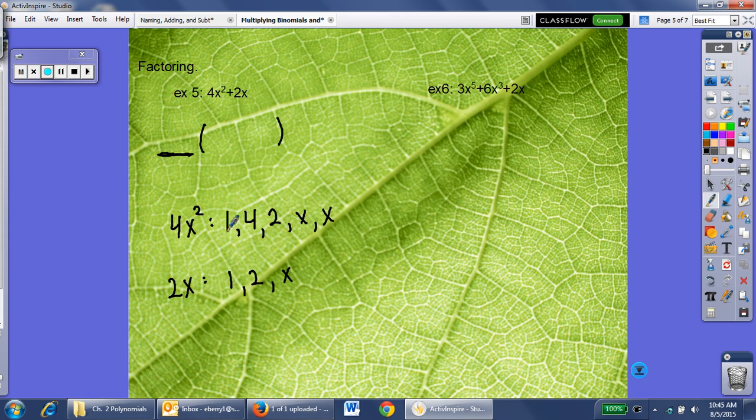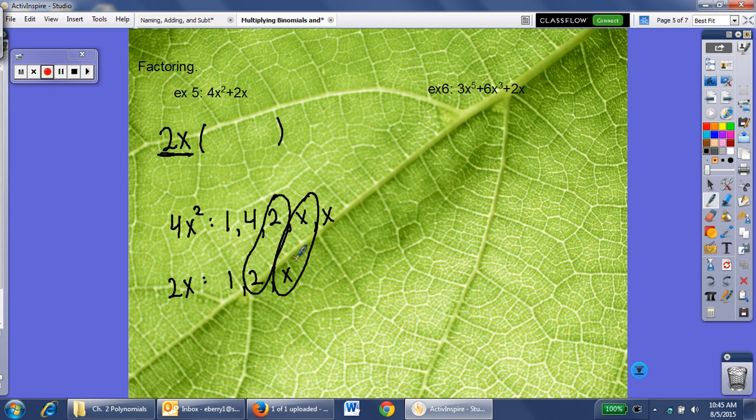So the factors of 4 and the factors of 2 that are in common is just this 2 and this 2. And the x's that are in common would just be that they include 1x. So the GCF, the greatest common factor of both terms, is 2x. They both have a 2 and they both have an x.